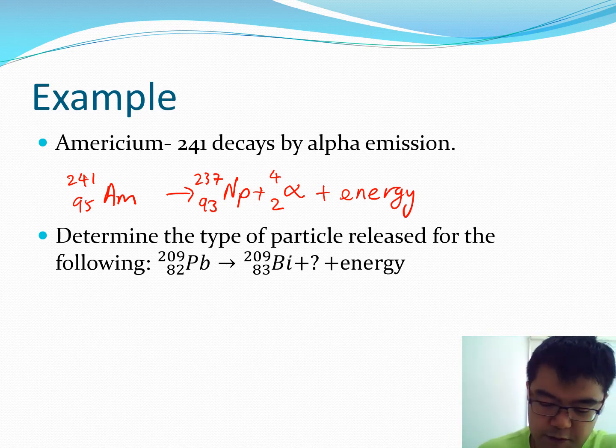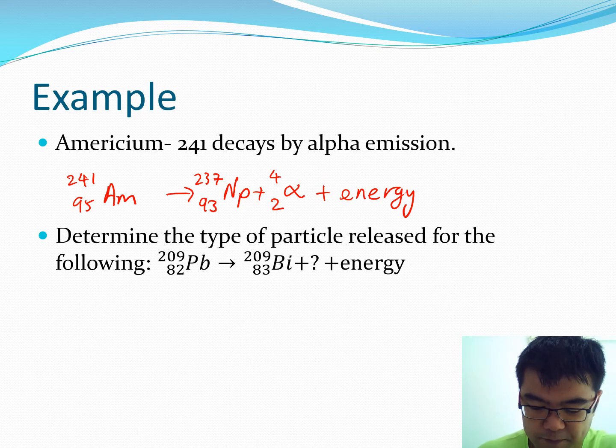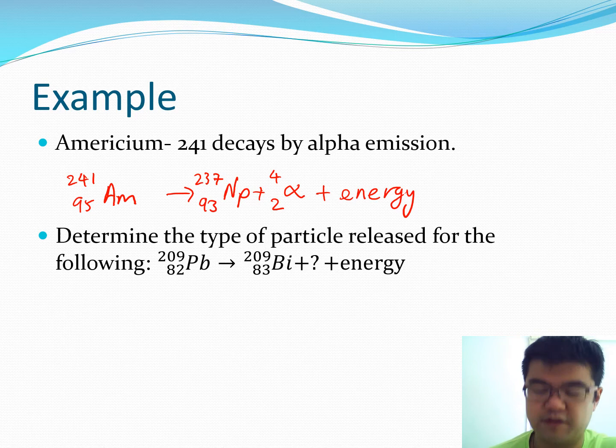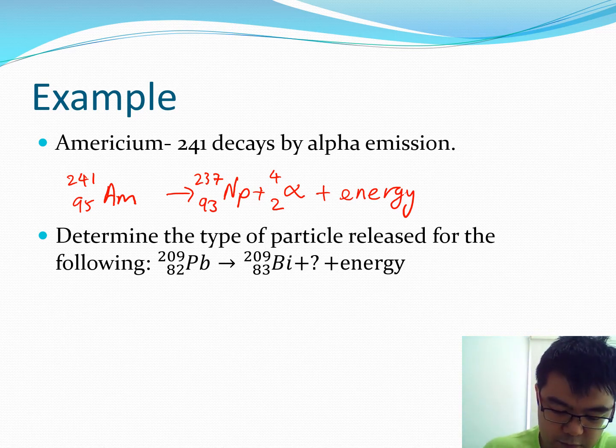Alright, determine the type of particle released for the following. You have lead-209, atomic number 82, and it goes to bismuth. Now, what you need to do in order for you to determine the type of particle released is to determine which of the particles suit.